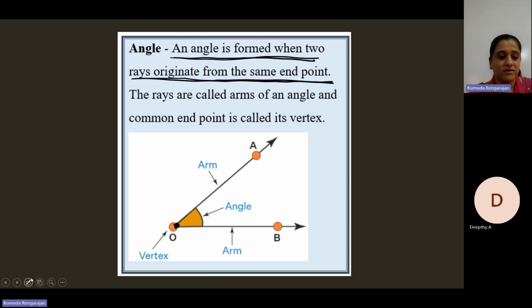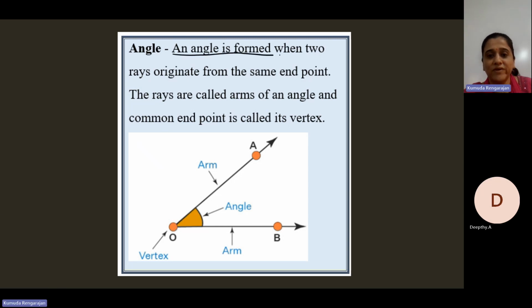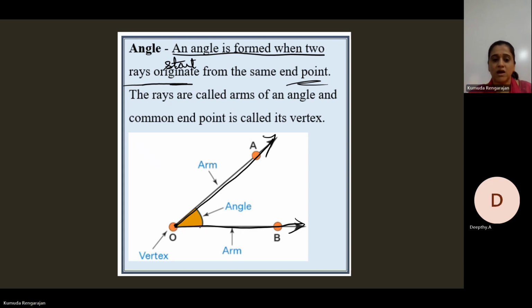An angle is formed when 2 rays originate, meaning start, from the same endpoint. So here the endpoint is O. From this endpoint O, both these rays start or originate. So an angle is formed.